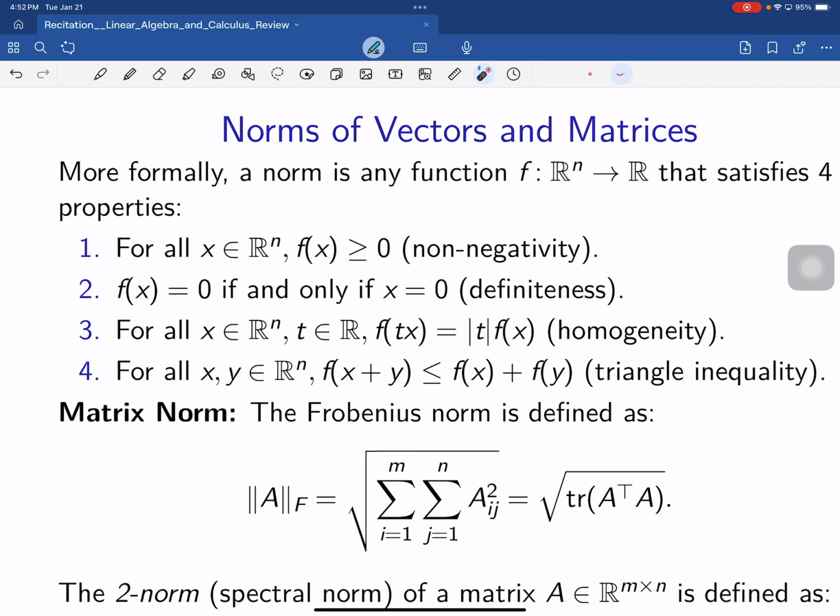So if these four properties hold, maybe you can prove some other properties, right? But as long as the norm function you propose satisfies these four properties, it will satisfy the properties they have already proved, and then you don't need to redo the math again. Okay, that's why they want to define it in such an abstract way, rather than just give you some examples of norms, right?